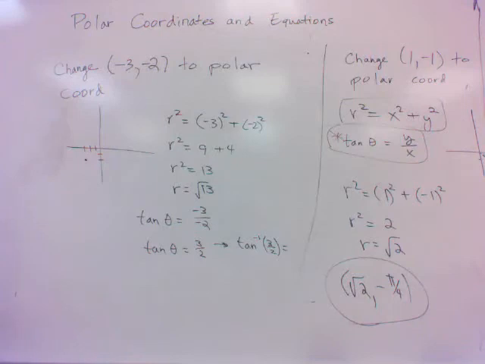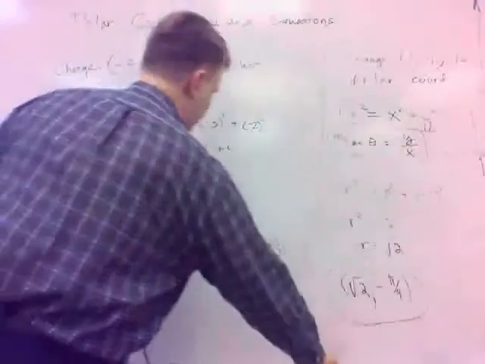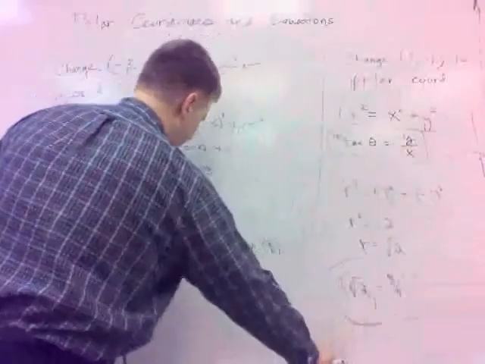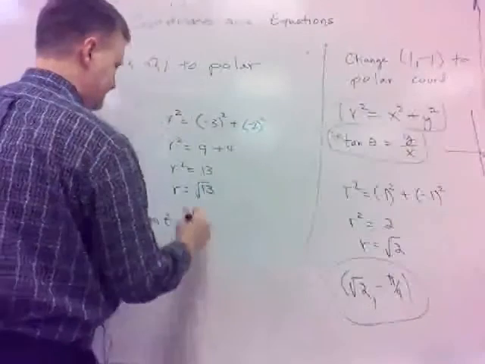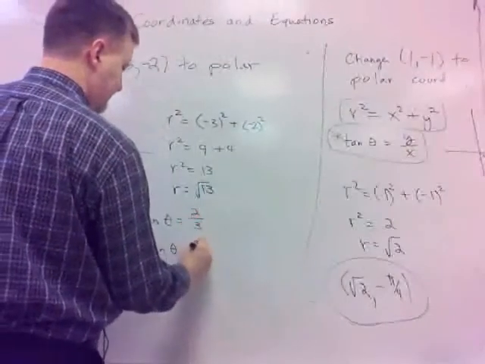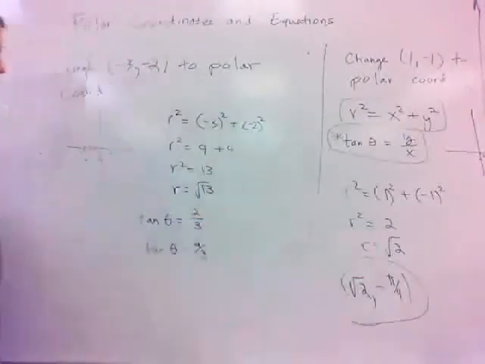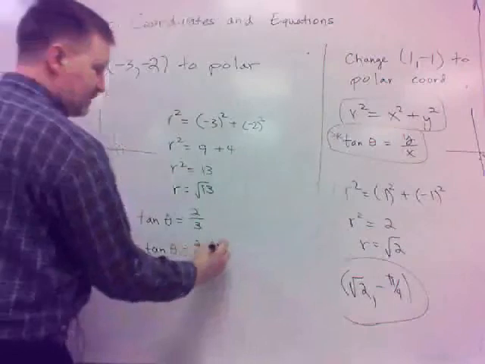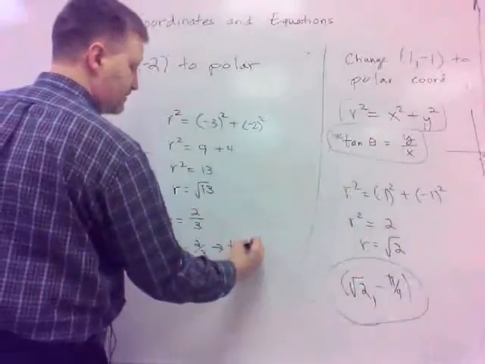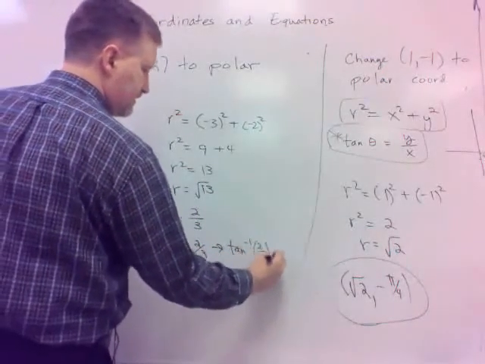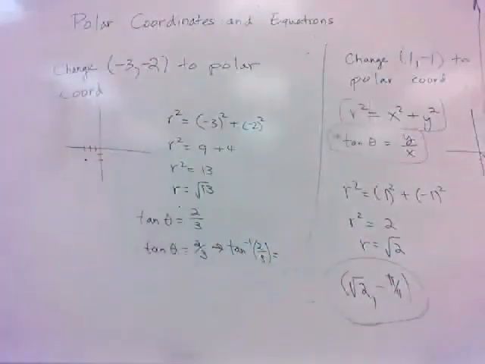Tangent of theta, which didn't make a difference there, but it makes a difference here. Tangent is 2/3. So if we do the tangent inverse of 2/3, that's a different story. 0.588.